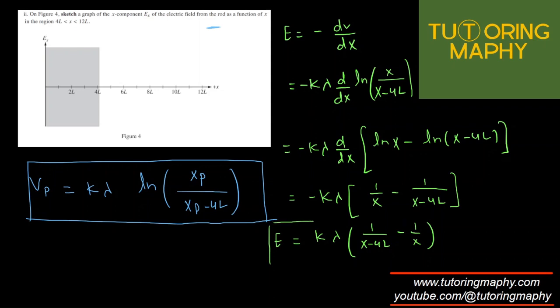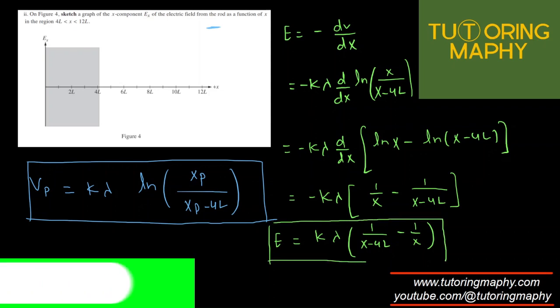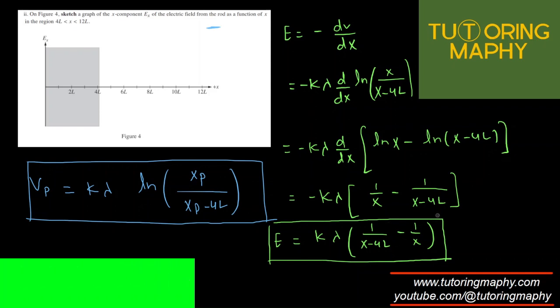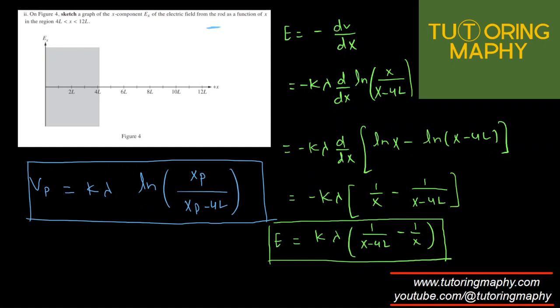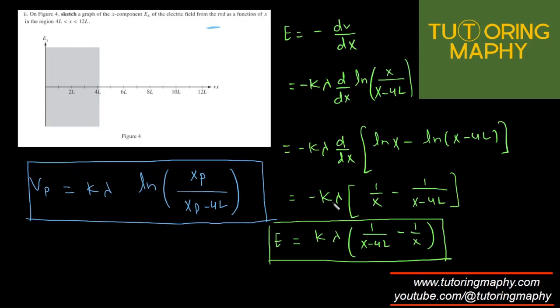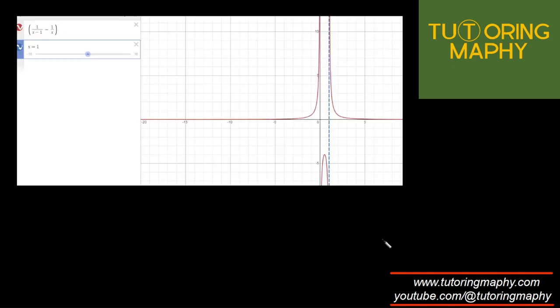And I think this function looks more like a hyperbola kind of. But if you're confused about how this looks, you can always use a graphical calculator. I can show you how. Over here, I graphed a similar looking function, which is 1/(x − 1) − 1/x. So all I did is replace this kλ with just 1 and replace this 4l with 1 as well. First off, I only need the positive values of x, so this entire part can be ignored.